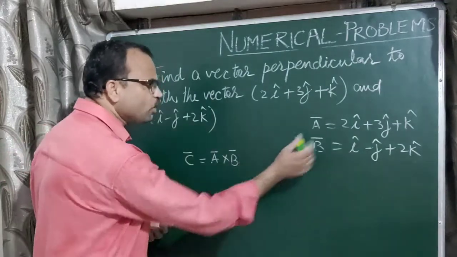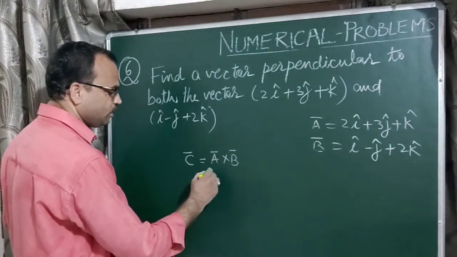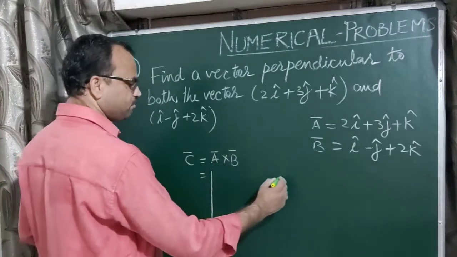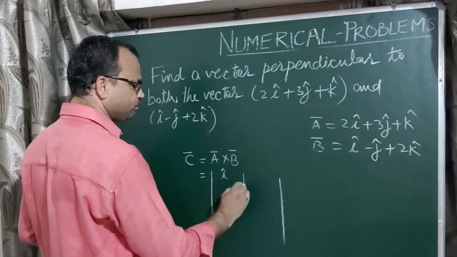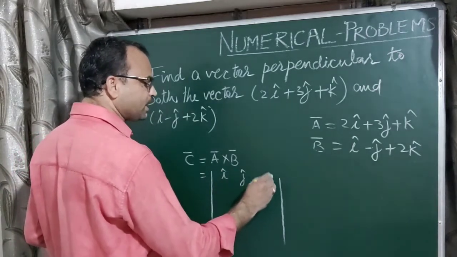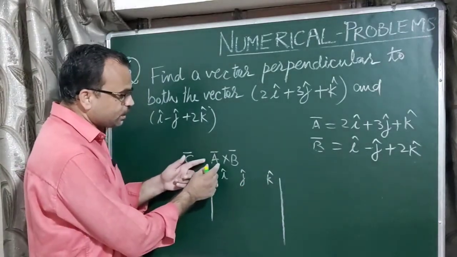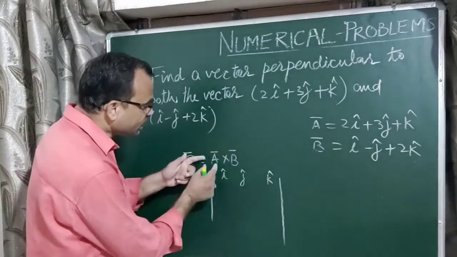So put the values of A and B here. To solve A cross B, first we make a matrix. Here write I cap, J cap and K cap. After that write the coefficients of I, J, K in A vector.